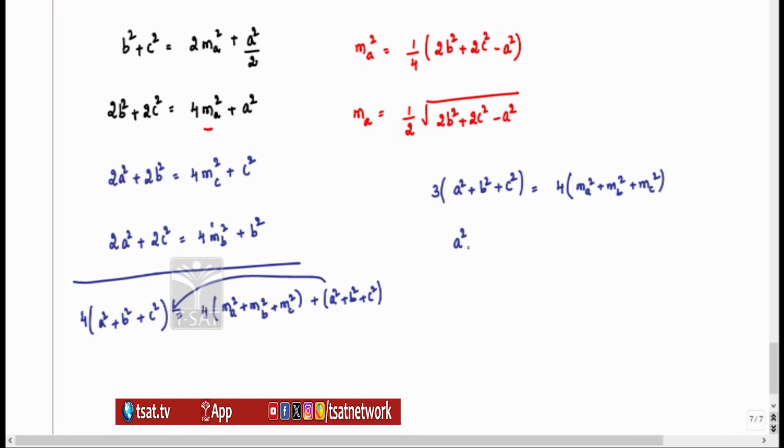So I would say the sum of squares of sides, a square plus b square plus c square, divided by the sum of squares of medians, ma square plus mb square plus mc square, is equal to 4 out of 3.